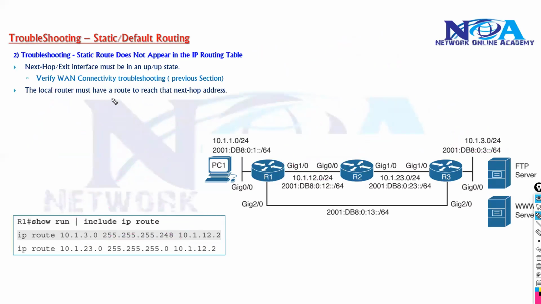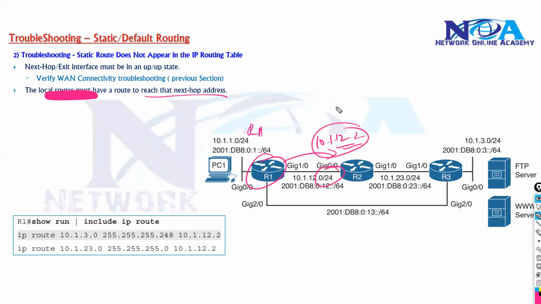Now, the other possibility is the local router must have a route to the next hop address. If I'm on router 1, sometimes you define a next hop, let's say in my case 10.1.12.2.